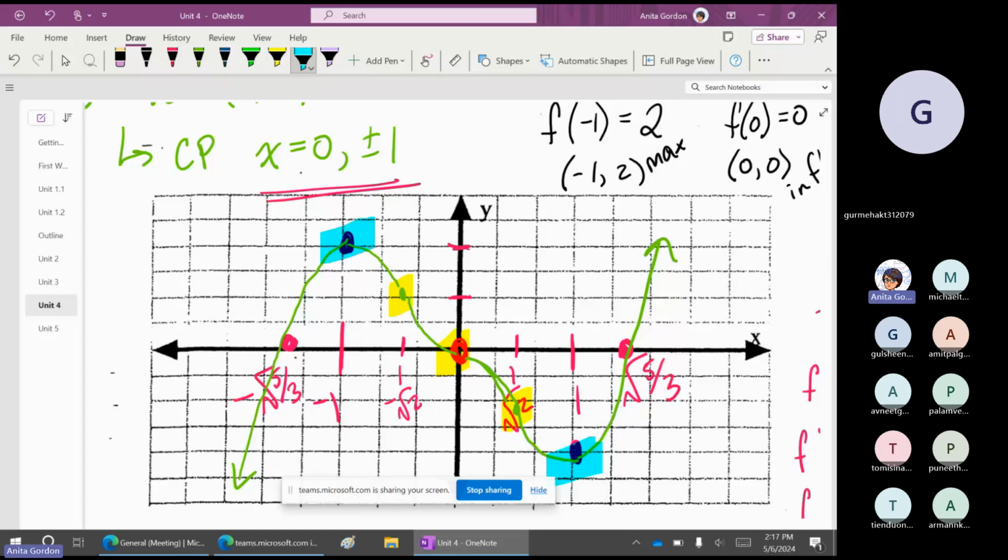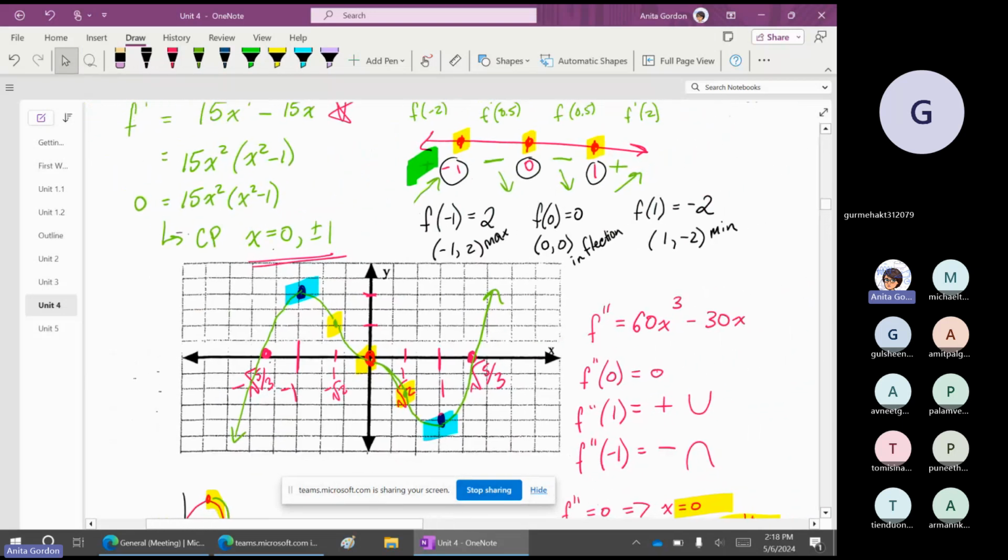We have 15 minutes. You may choose which example we want to do. Do we want to do number 2 or number 3? You pick. We'll just do one. Number 2 or number 3?